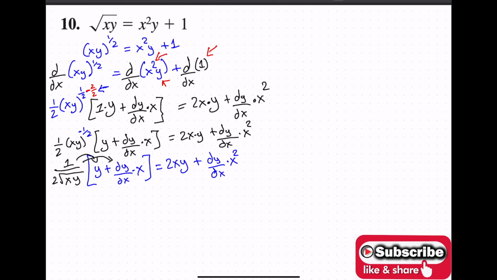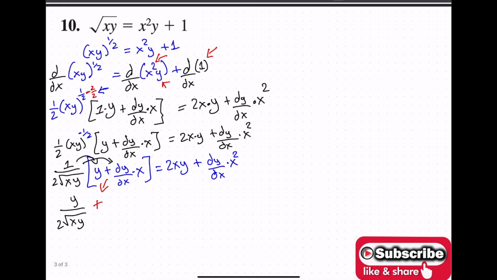For those two terms, I get y over 2 square root of xy, and we have a plus sign there, so plus, we get the 1/2 square root of xy times dy/dx times x.